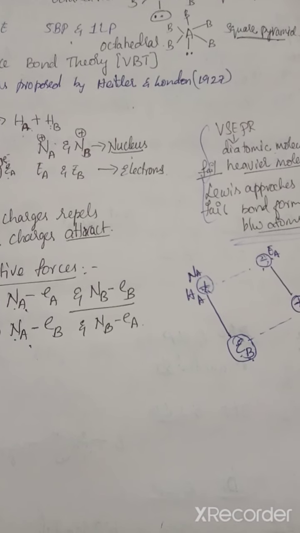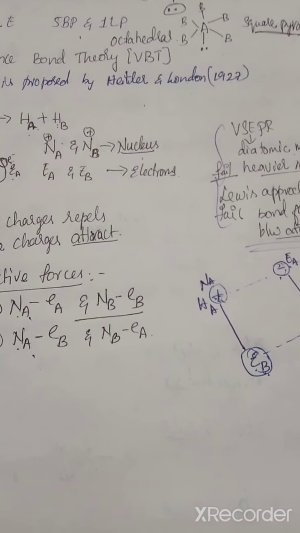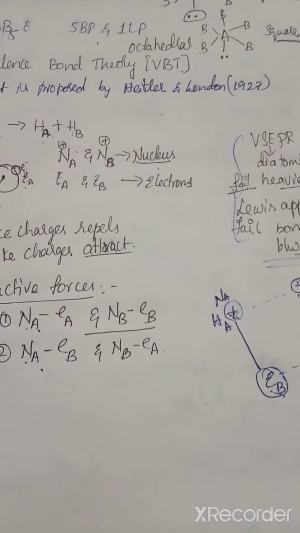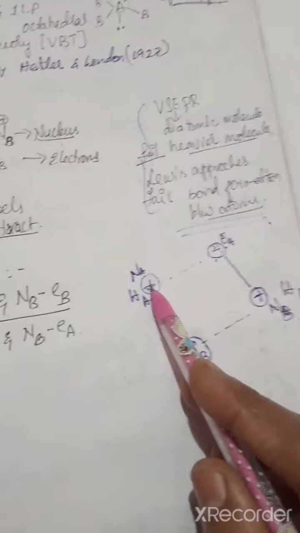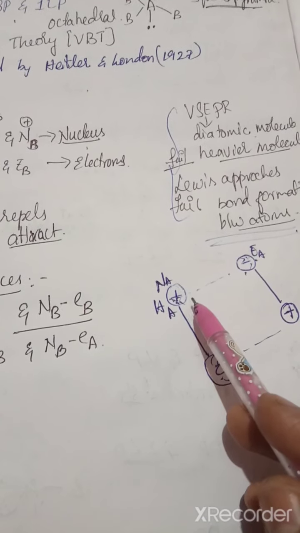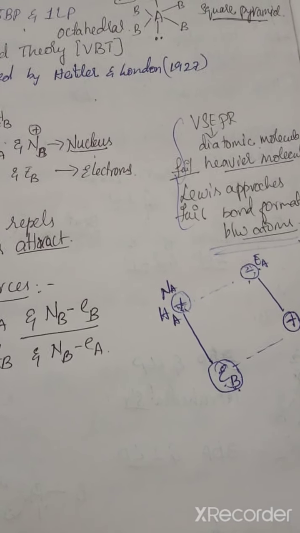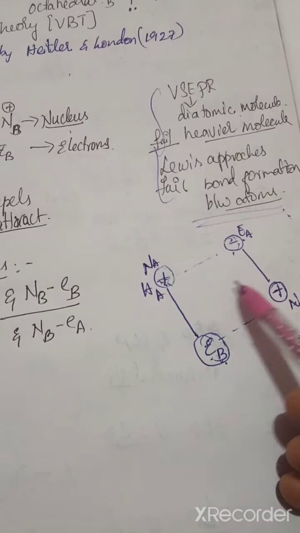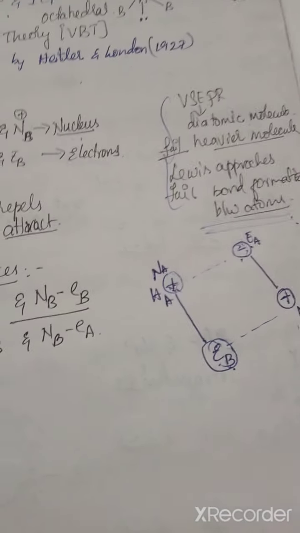Attractive force ತಗೊಂಡಾಗ two atoms close ಆಗಿರುತ್ತೆ, which tends to attract. ಆಟಮ್ಸು ಕ್ಲೋಸ್ ಆಗಿದ್ದಾಗ ನ್ಯೂಕ್ಲಿಯಸ್ಸು ಮತ್ತು ಎಲೆಕ್ಟ್ರಾನು ಅಟ್ರ್ಯಾಕ್ಟ್ ಆಗುತ್ತೆ. At the same time, when the repulsive force comes, electrons repel and nuclei repel. This is how we can discuss the repulsive force.